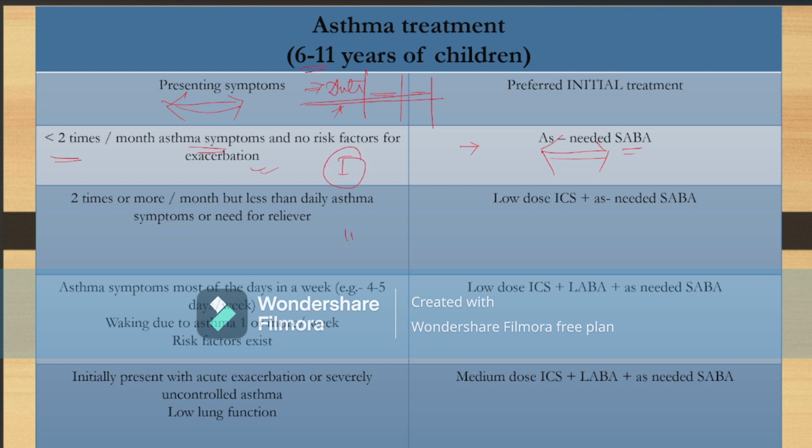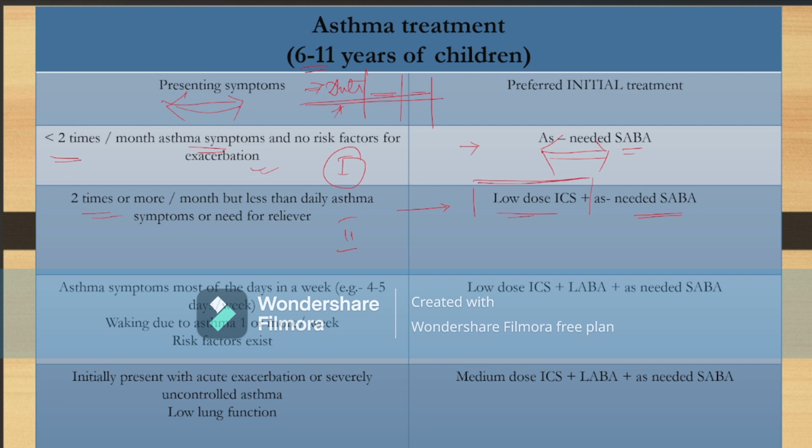In stage 2 treatment, if the child has asthma symptoms 2 or more times in a month but less than daily, or the child has not had any exacerbation of asthma in the last 1 year, then we start low dose inhaled corticosteroid and as-need short acting beta agonist.